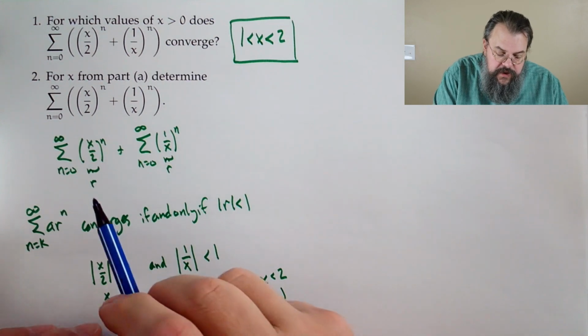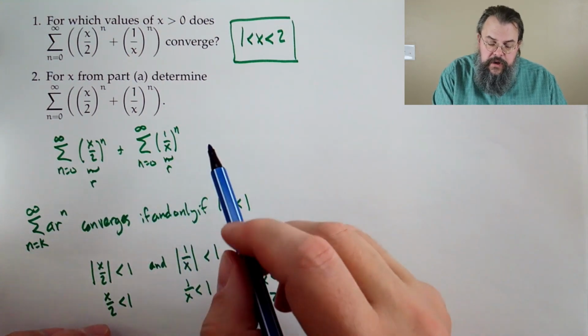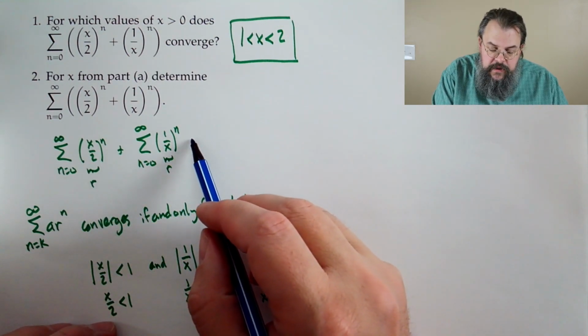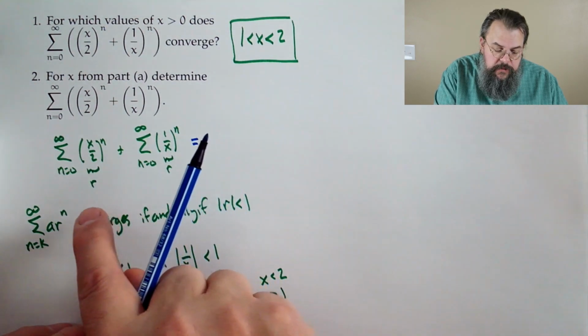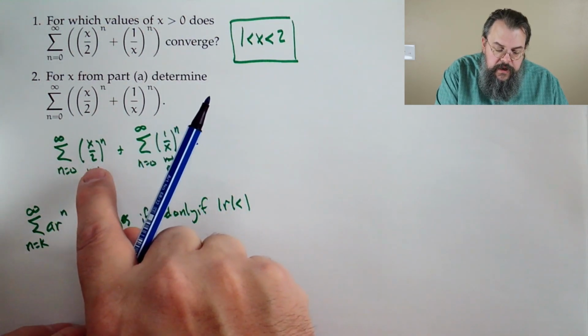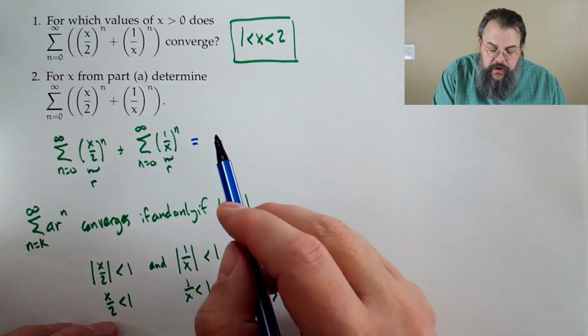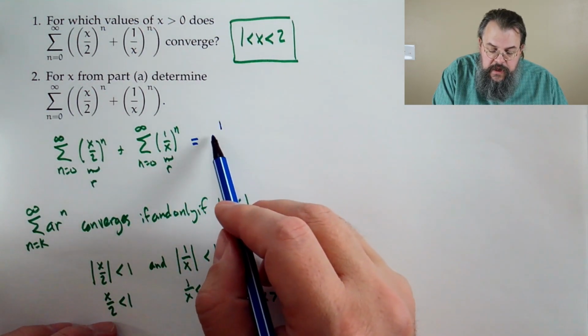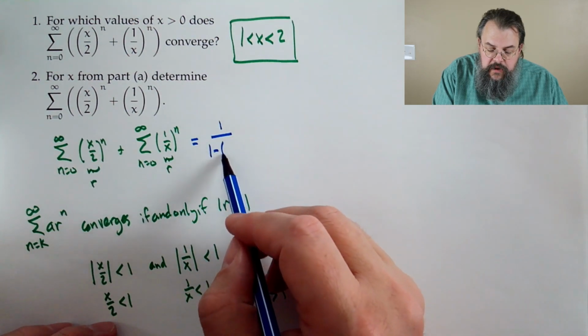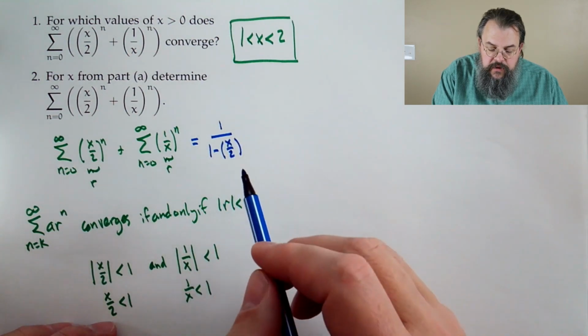All right, well, what do we see? Well, we have geometric sums, and we know how to add geometric sums. The rule is you take the first term, well, n equals 0 means you get something to the 0, which is 1. So the first term in both cases is 1, over 1 minus what you multiply by. Here it would be x over 2.